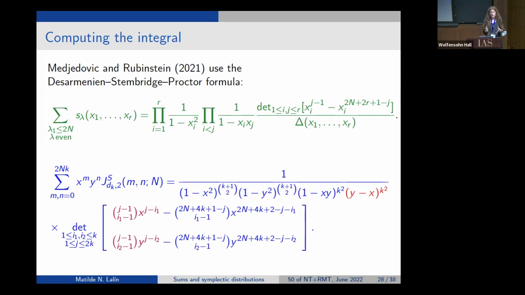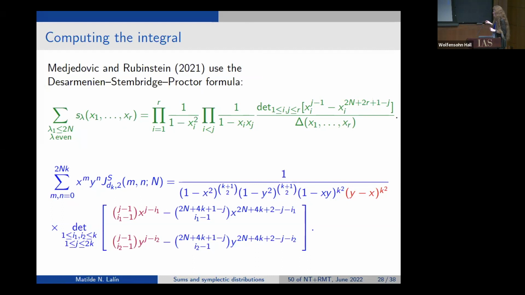It's a lot of pain because everything else you can develop as a Taylor series and keep track of the coefficients, but dividing by y minus x to the k squared looks fishy. Actually it's not: one can prove that this term divides the determinant. So this all works well, but it's complicated.